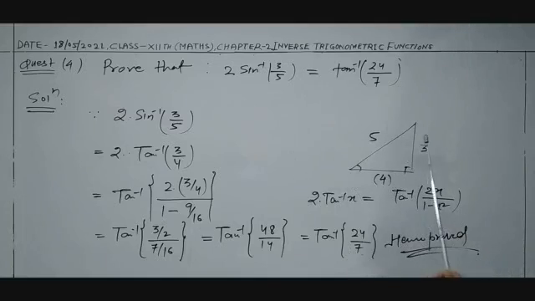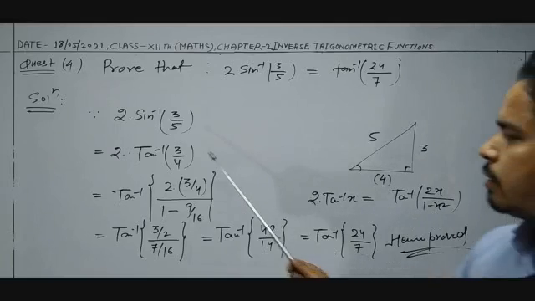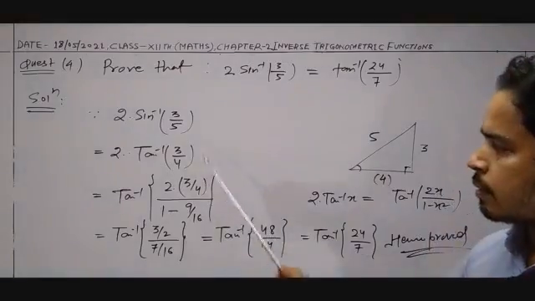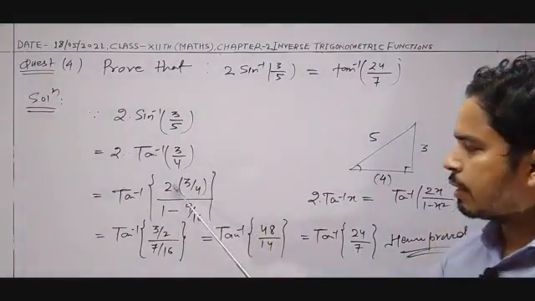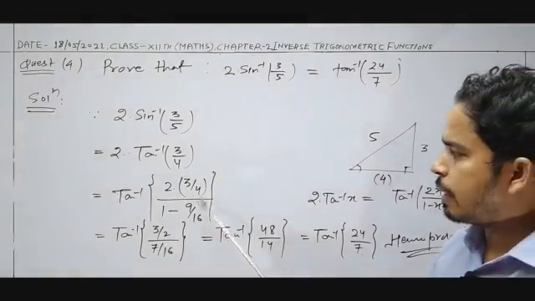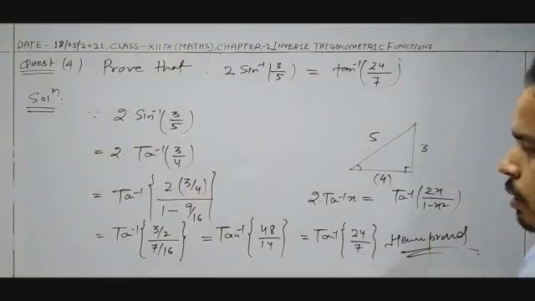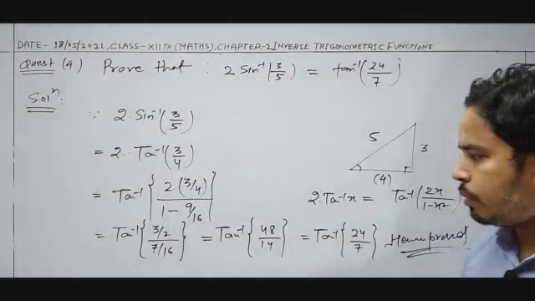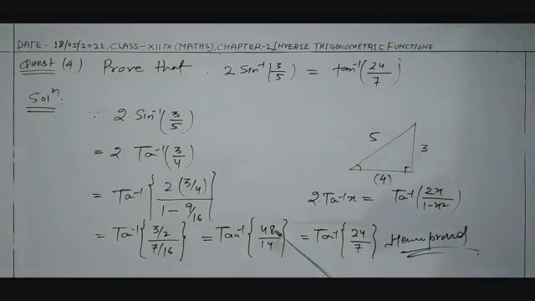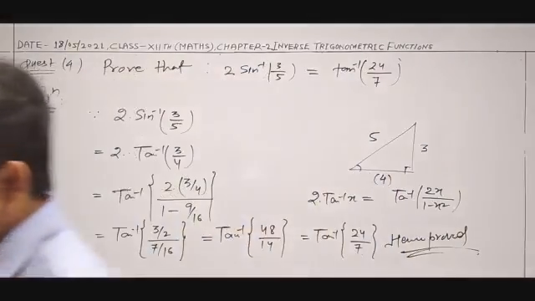So from this triangle tan inverse will be 3 by 4, perpendicular upon base. After calculation the result will be 3 into 2, 6 by 4, and this will be 16 minus 9, 7 by 16. So 6 by 4 means 3 by 2, and reciprocal terms will be 48 by 14 from table 2. This can be reduced to 24 by 7. So this is our fourth proof.